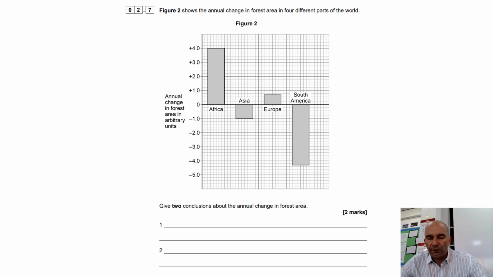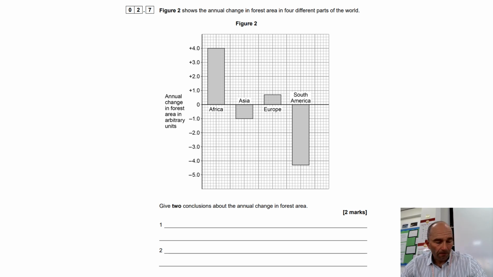And then question 2.7, a little bit of data analysis. So the graph shows the annual change in forest area in 4 different parts of the world. So you've got the 4 continents: Africa, Asia, Europe and South America. And you've got the annual change in forest area in arbitrary units. Give 2 conclusions about the annual change in forest area. Well, you just need to give 2 possibilities.